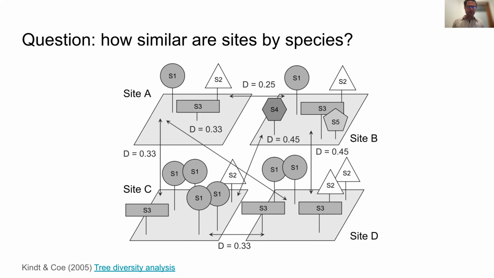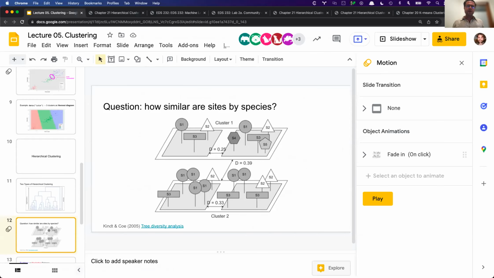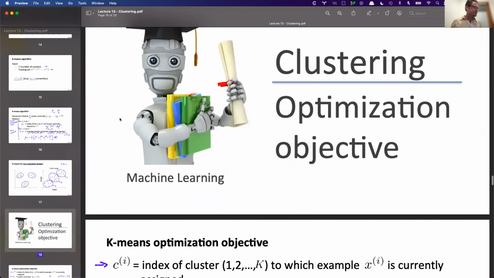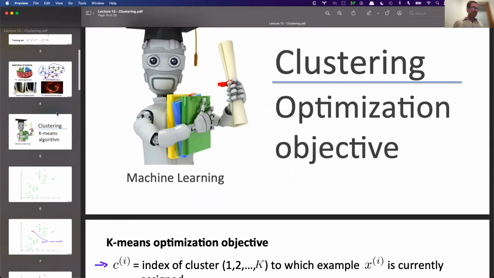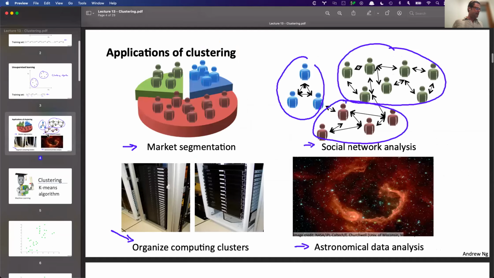Let me see. I'll pull up a slide about how clustering is used in general. This is Andrew Ng's slides from his Coursera class, which over 4 million people have actually signed up for, and this is what he was pointing out, the applications of clustering.